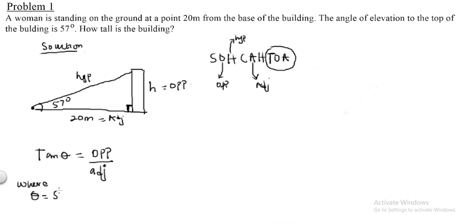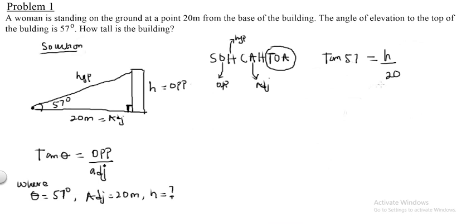Theta is 57 degrees. Adjacent is 20 meters. And the opposite is what we don't know. Then we can say tan theta, tan 57 degrees, is equal to h over 20.